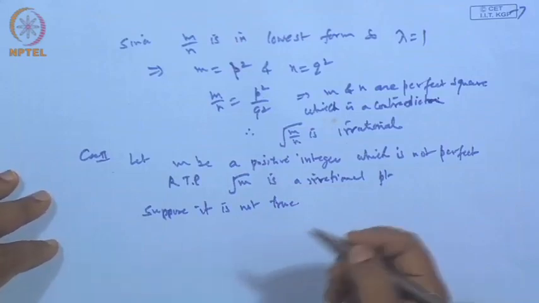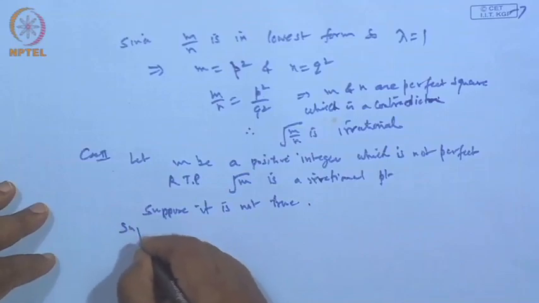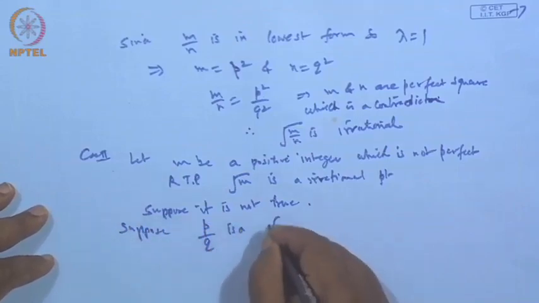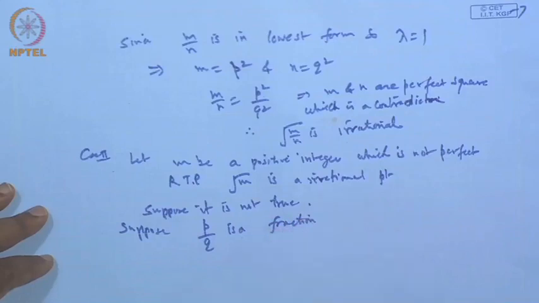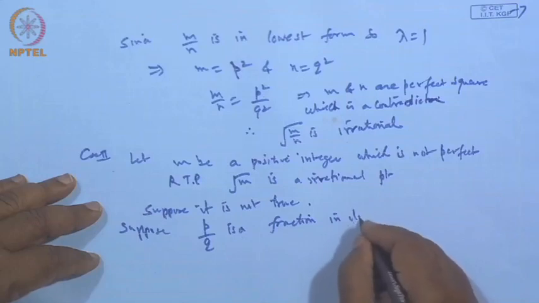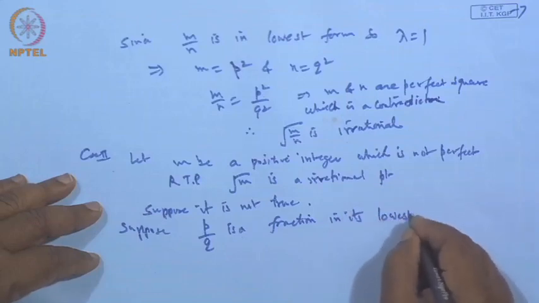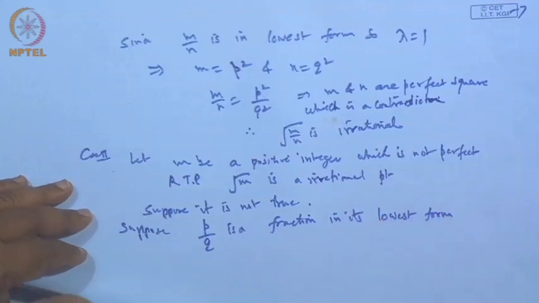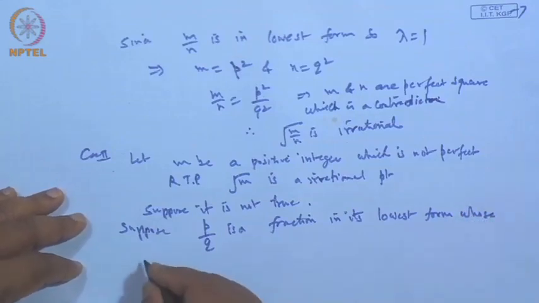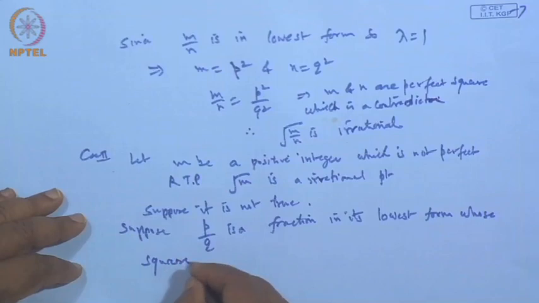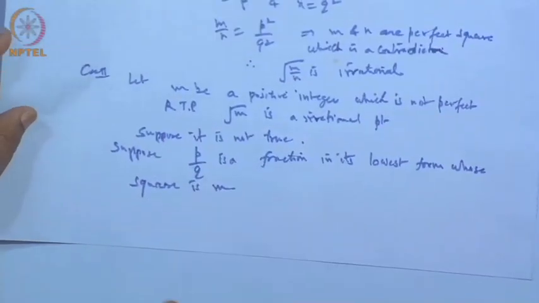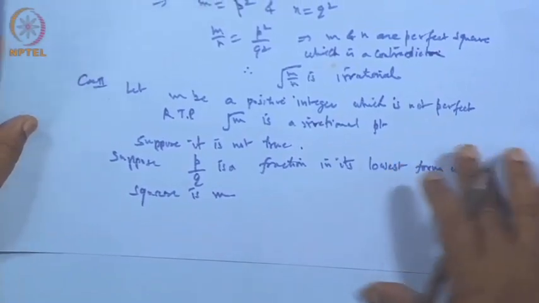Suppose p by q is a fraction in its lowest form, whose square is m. We are assuming this is a rational number, p by q, and its square is m.